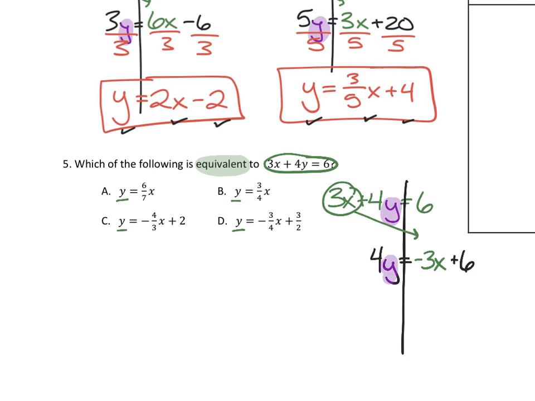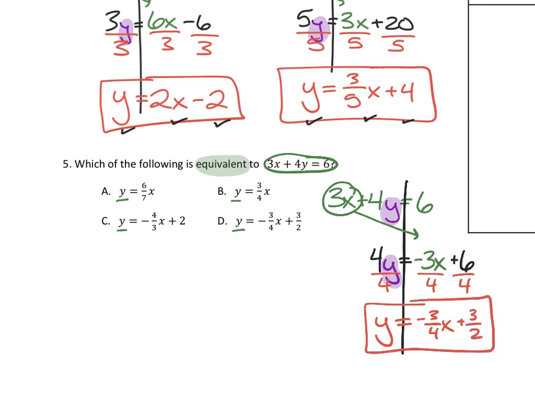Remember, we're still looking to isolate the y, so we're going to divide everything by 4, so that we have y equal to negative 3 divided by 4, which is negative 3/4 x, and 6 divided by 4, which reduces to 3 over 2. That's what we think the answer is, and if you notice, that matches answer choice D. We have written an equivalent, or same, equation just in a different form.